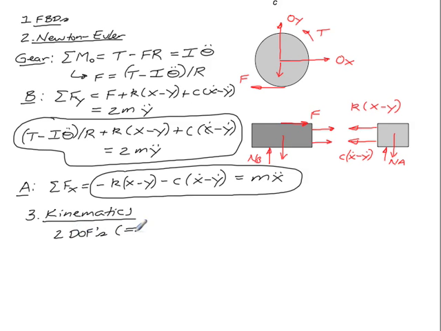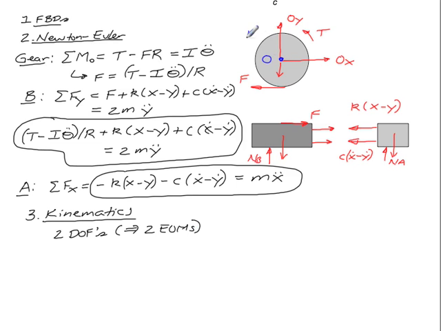What this means is that in the end we need 2 equations of motion. We have 2, but we have 3 variables, theta, x, and y. So we now need to come up with the constraint that exists between theta and y. O here is a fixed point.